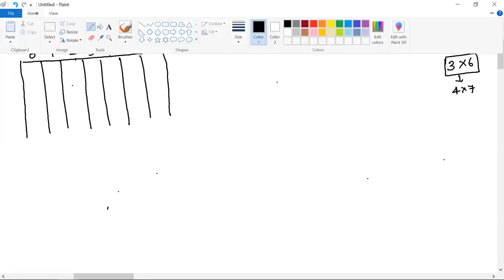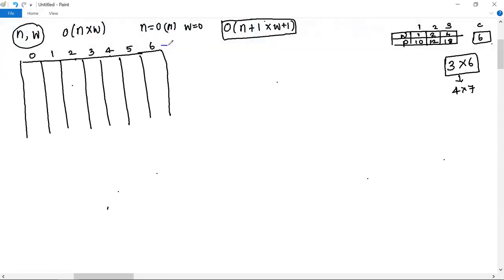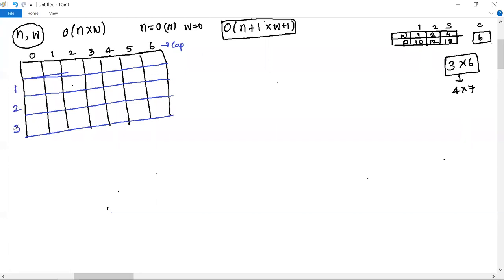This is talking about capacity. And this is talking about objects: first object, second object, third object, and this is 0.